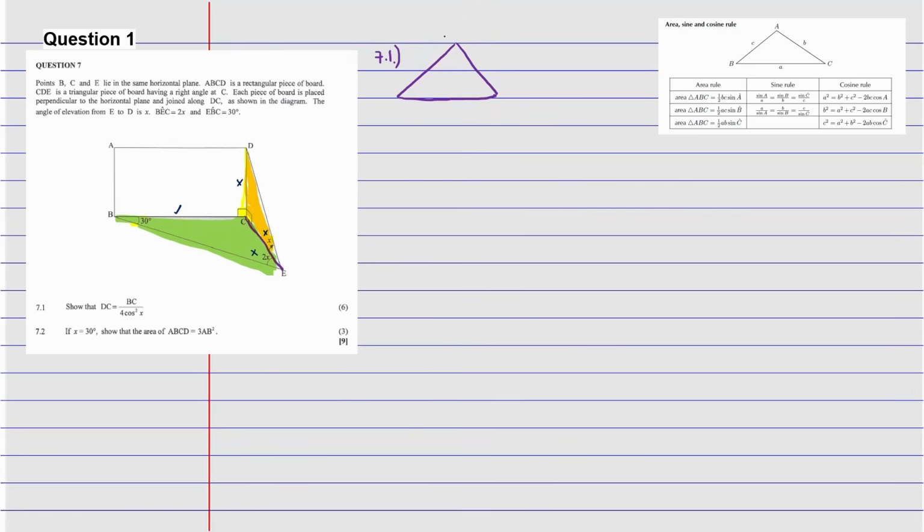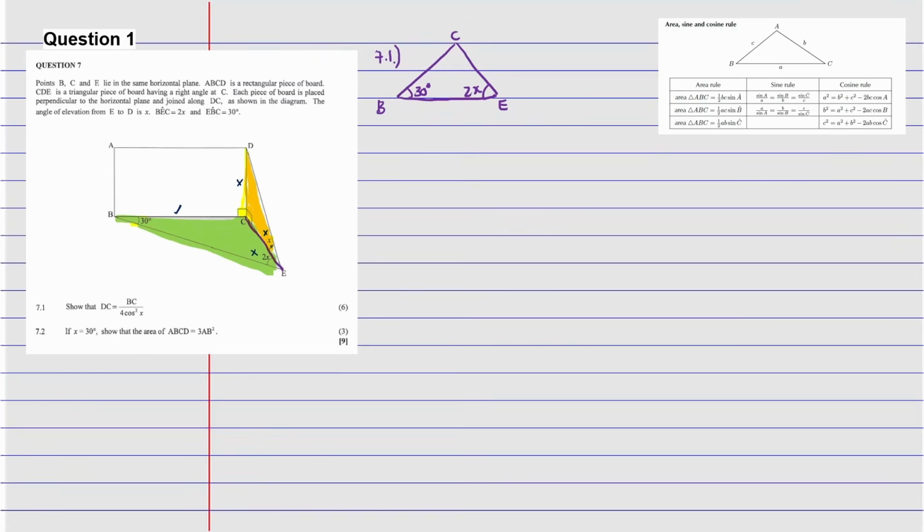We know this is C, this is E, and this is B. And this is 30. This is 2x. And this, we don't have.